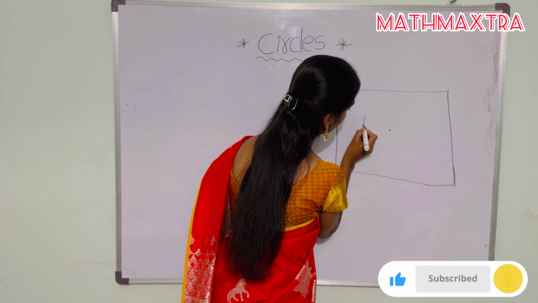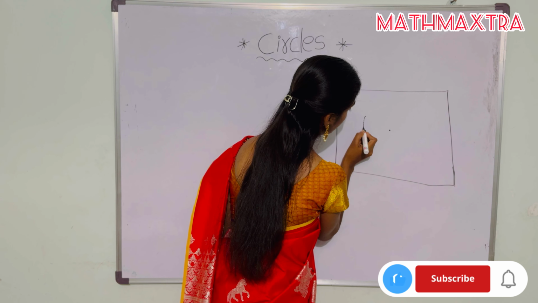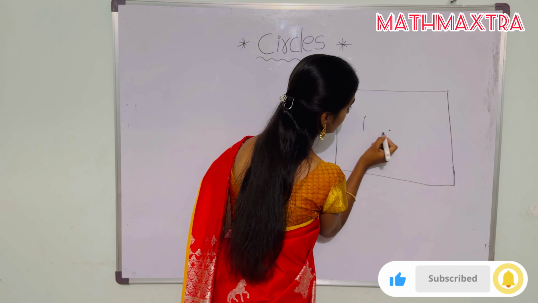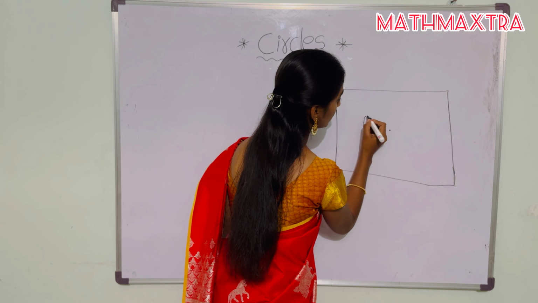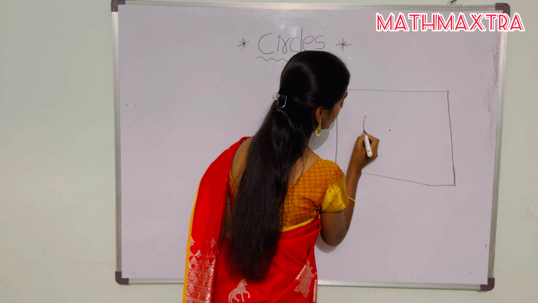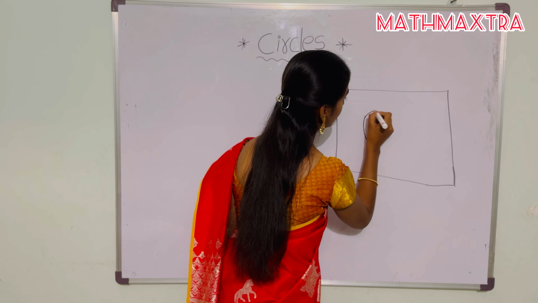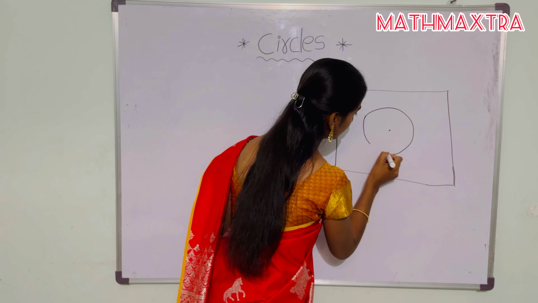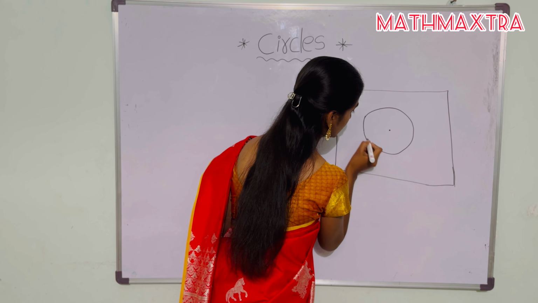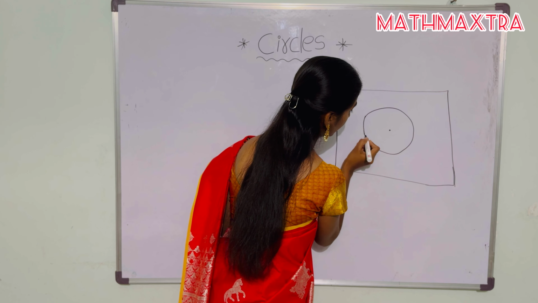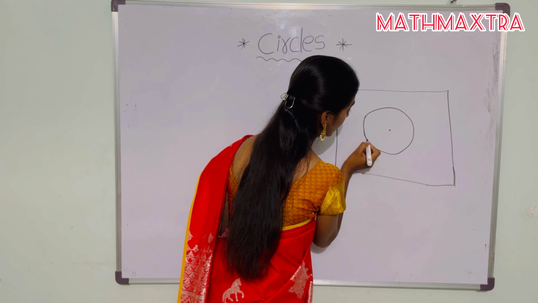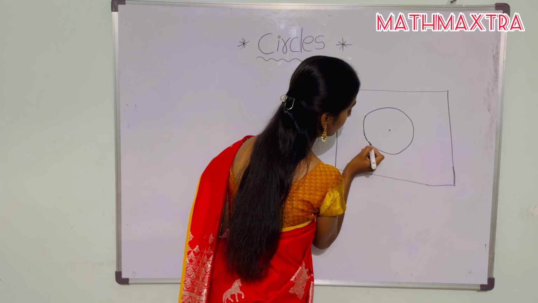I am collecting all the points which are equidistant from this fixed point. If you go on collecting the points, it will look like this. So this is nothing but a collection of the points which are equidistant from the fixed point.